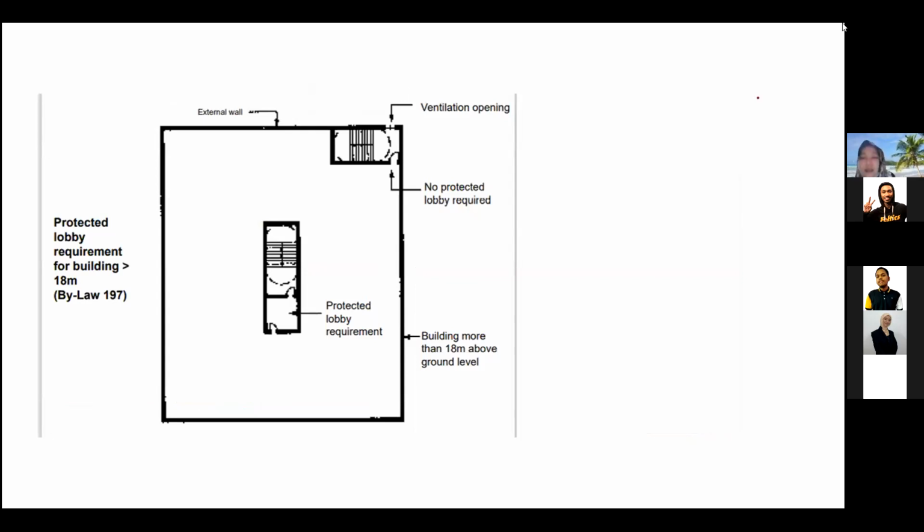And there are a lot of calculations in doing the design, and we need to know some of it, whether the building is 8 meters, 18 meters, but below 45 meters.